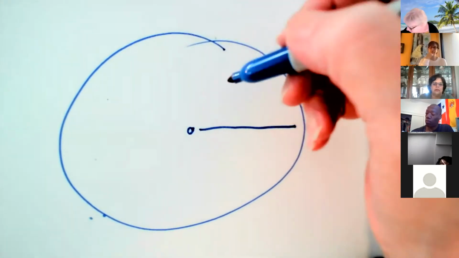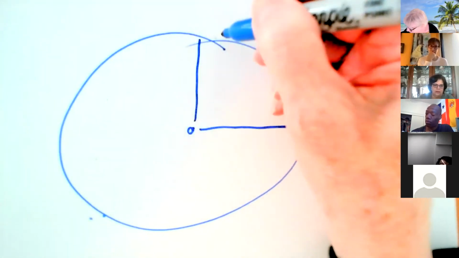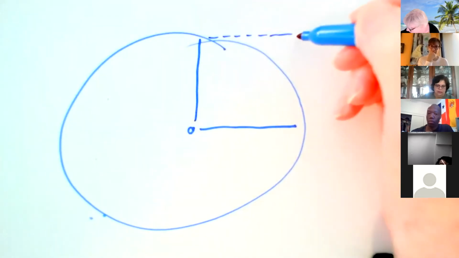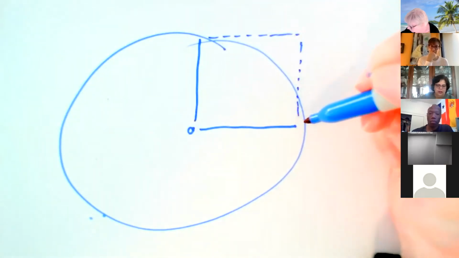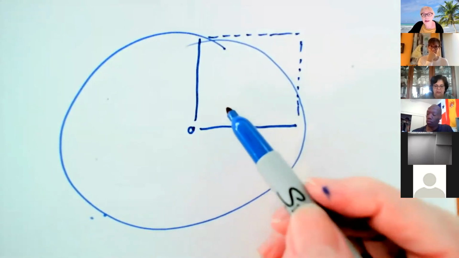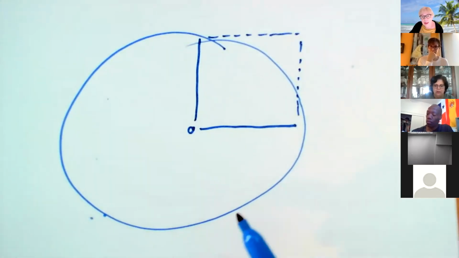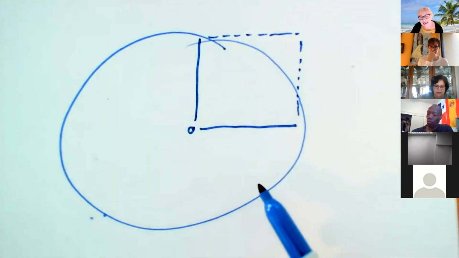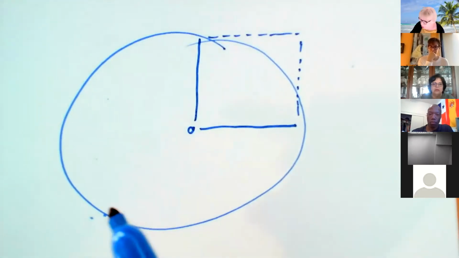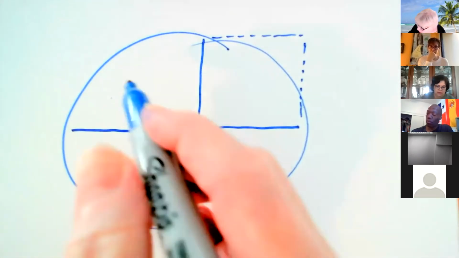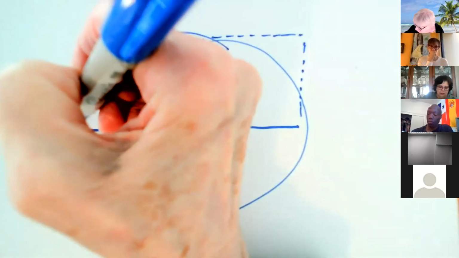And they had a way to say, you're only interested in the circle, inside the circle. And so the question is, how many of these squares could you fill?